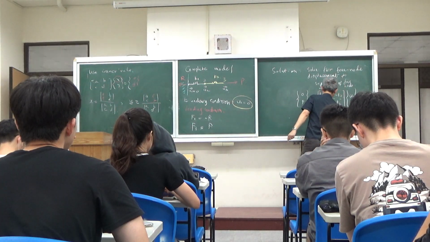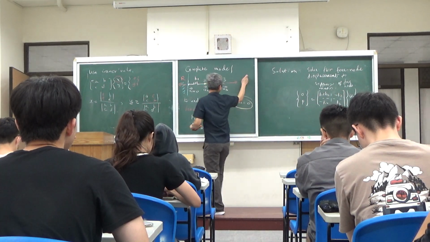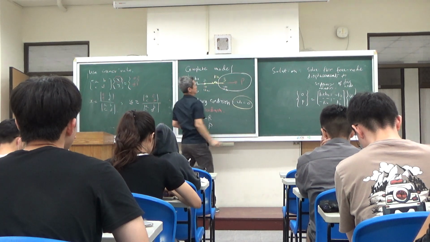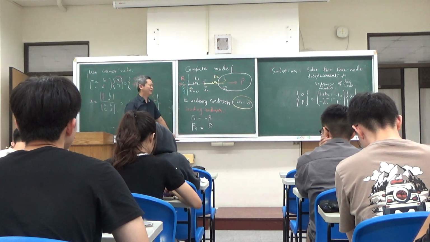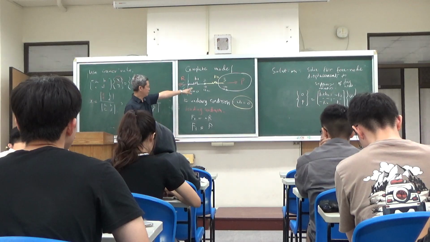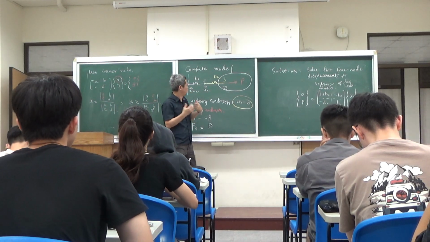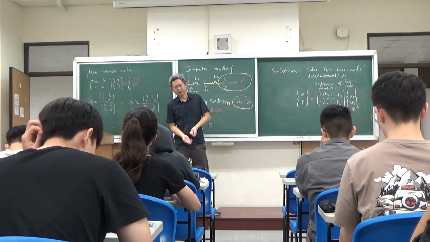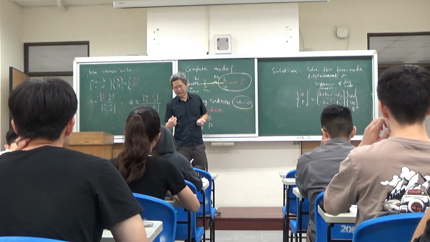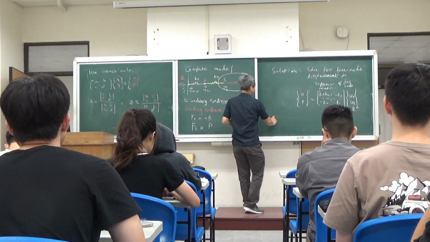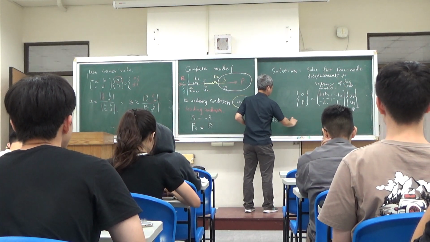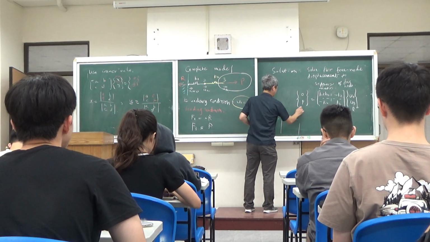Okay, let's see what we care about. We care about U3. I don't need to solve everything. I only need to solve U3 because I want to know how much the maximum extension caused by the pulling force P. Okay, now I can write U3 is equal to a ratio.